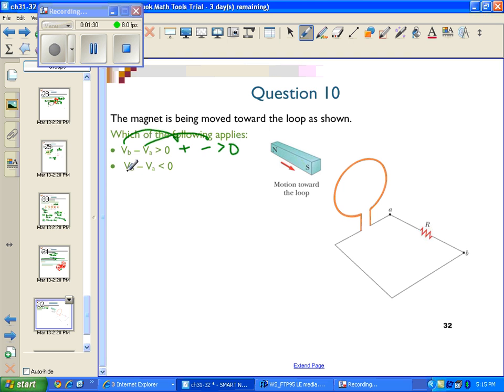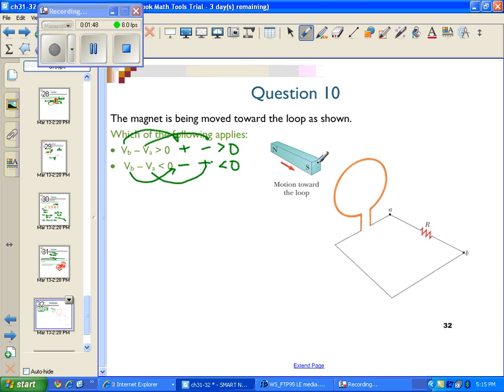If, on the other hand, VB minus VA is negative, VB is a negative number, VA must be a positive number. So when we take negative minus positive, we end up with a negative number.